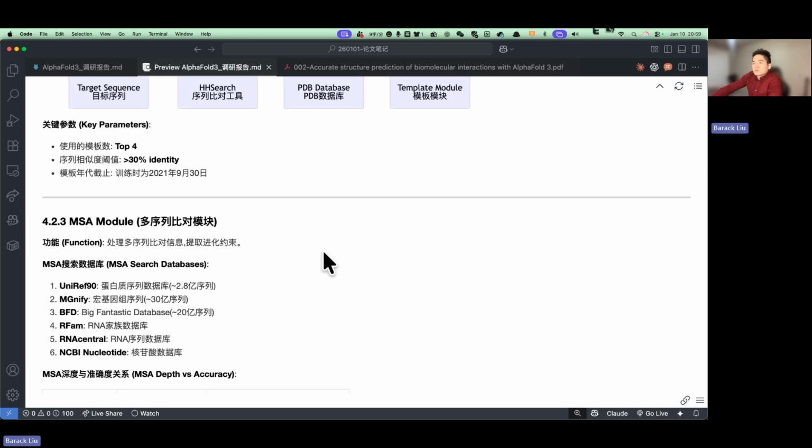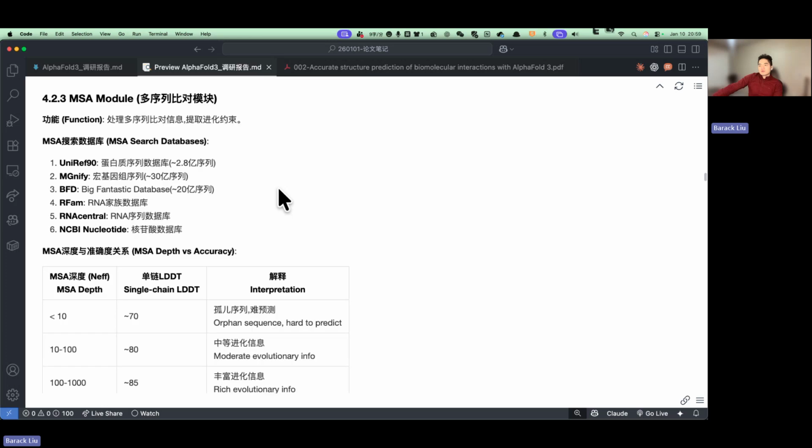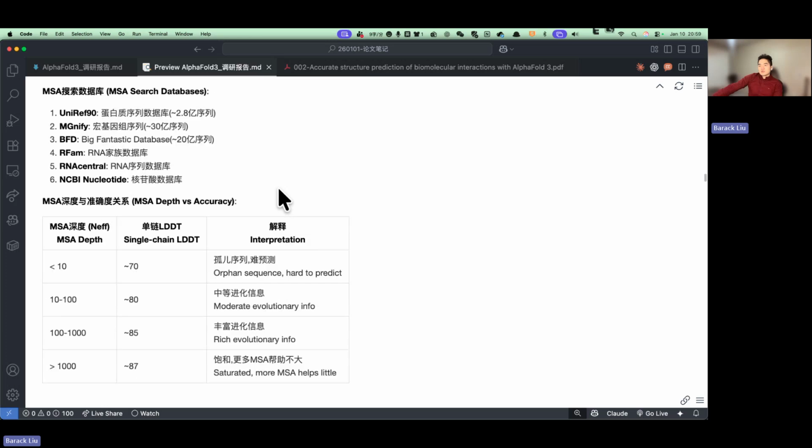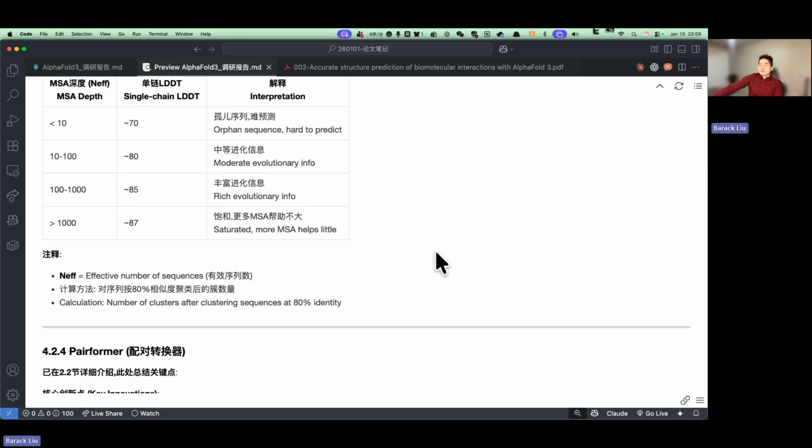MSA module. It doesn't provide English translation again. Neff, effective number of sequences.